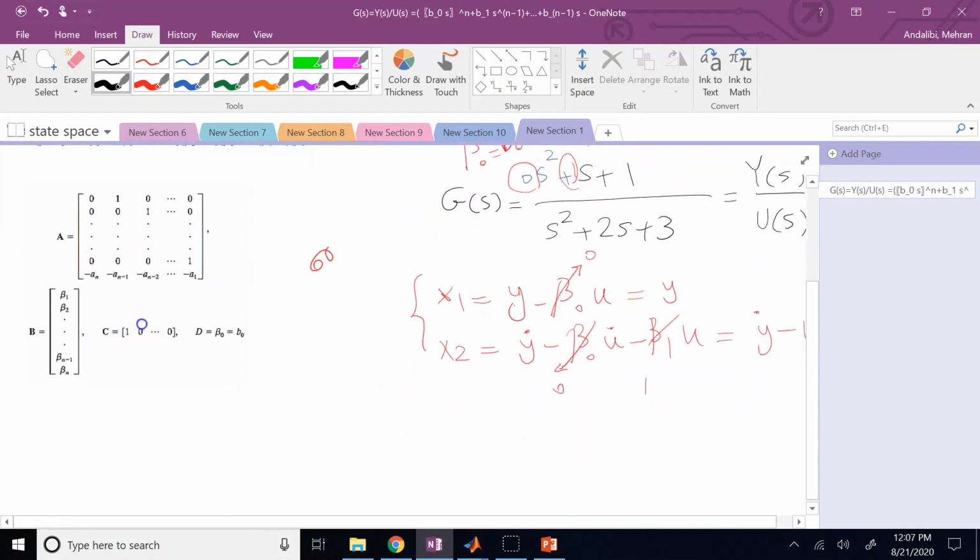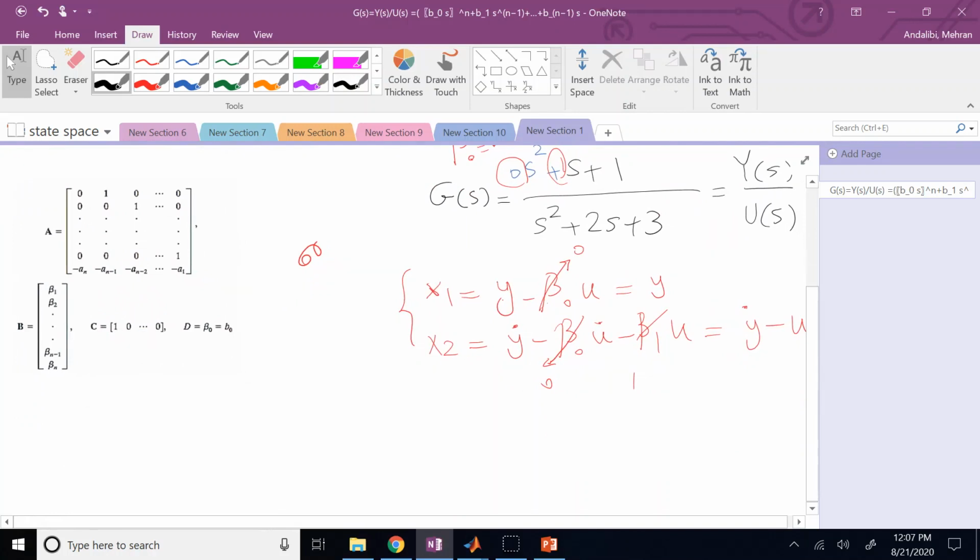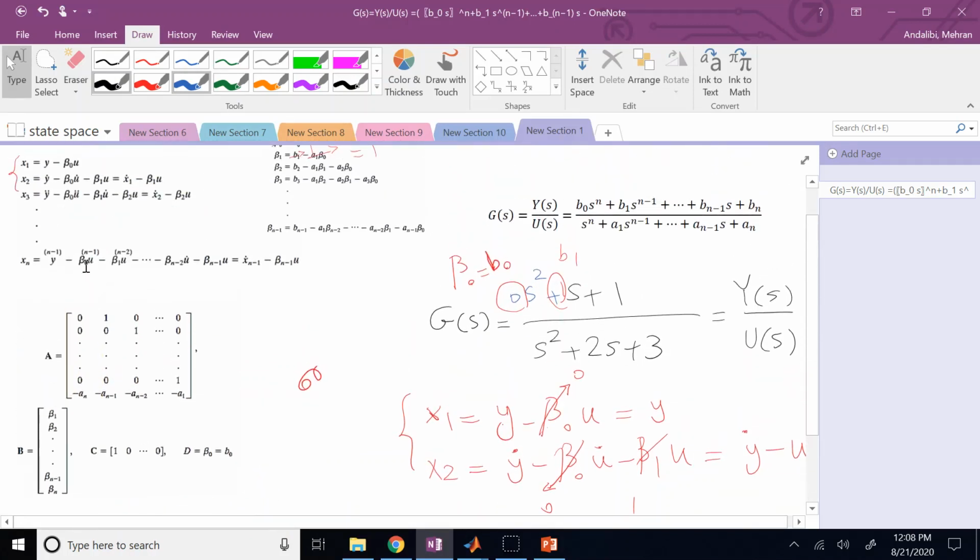If you do that, you can easily show that your A matrix has the first row 0 and 1, and then your last row is negative an and negative an minus 1.